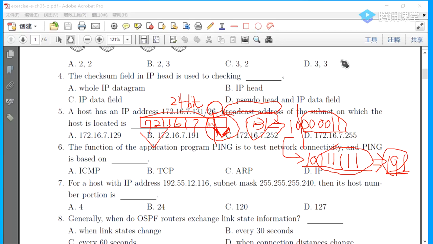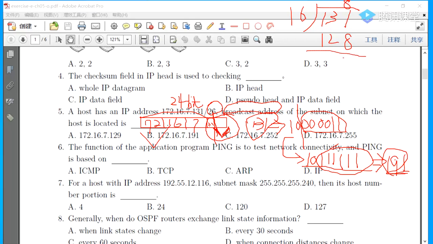Then I will illustrate how to transform 131, divided by 16. So here the 8, right? 8 times 16 is 128, right?